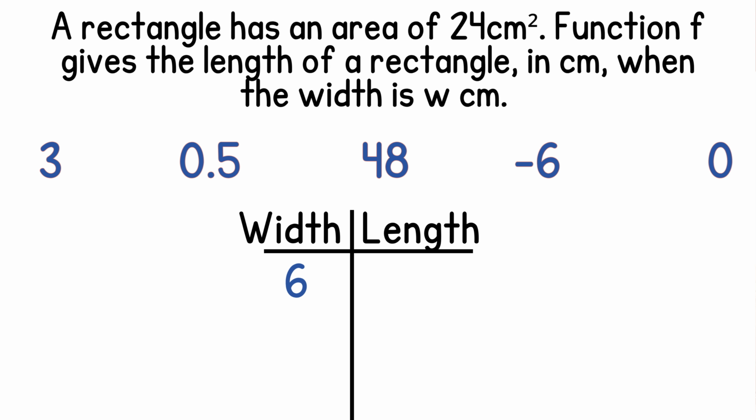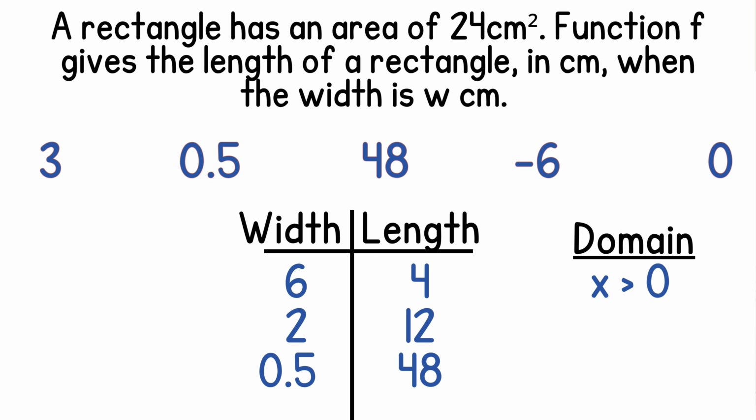If we have a width of 6, and we know that the area will always be 24 centimeters squared, then we can just divide our area by the width that we're given. So 24 divided by 6 will give us a length of 4. If we have a width of 2, and we divide 24 by that, we'll get a length of 12. And if we have a width of 0.5, then our length would be 48.